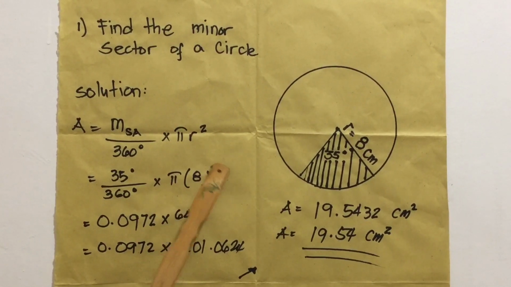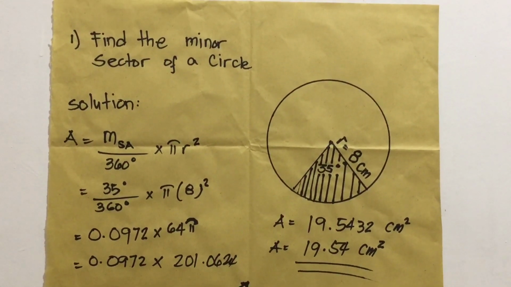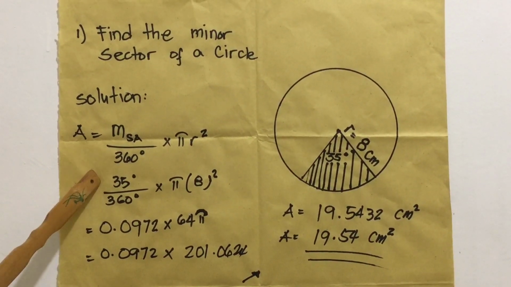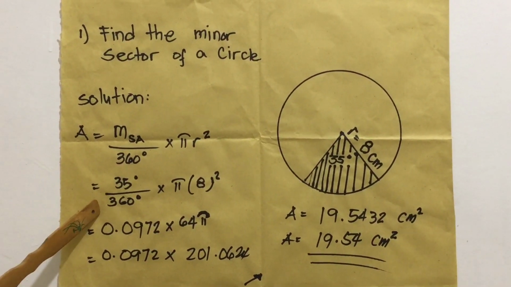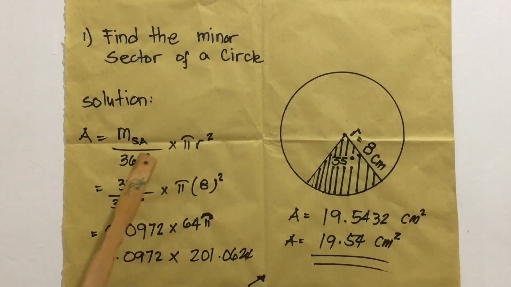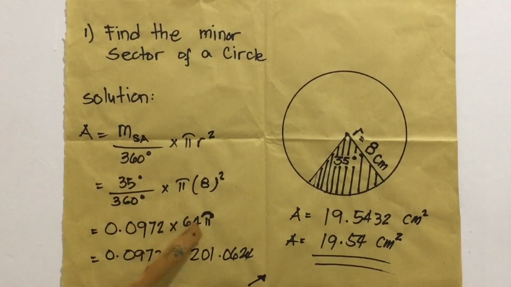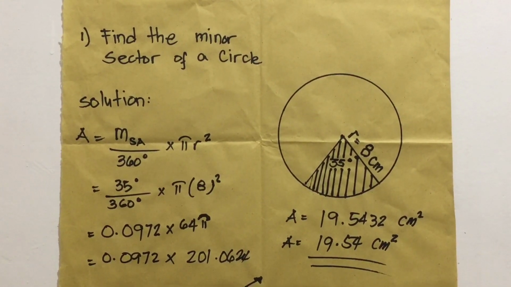Then copy the exponent. And after that, we're going to solve by dividing 35 degrees divided by 360 degrees. We're going to cancel the degrees because degrees divided by degrees, so no more degrees.